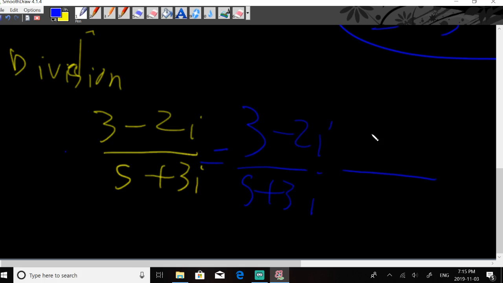Multiply this by the opposite. What's it called again? Conjugate. So the conjugate of 5 plus 3i is 5 minus 3i.